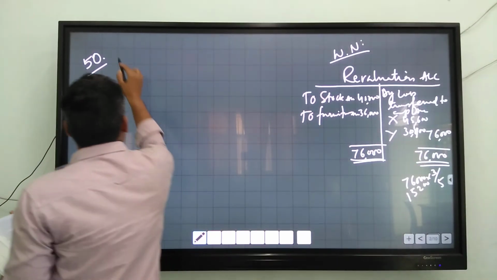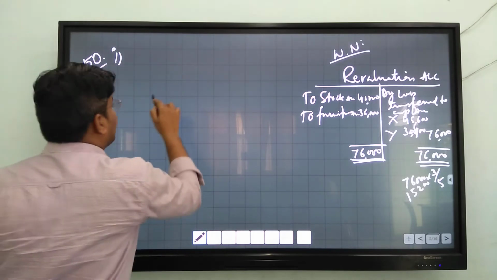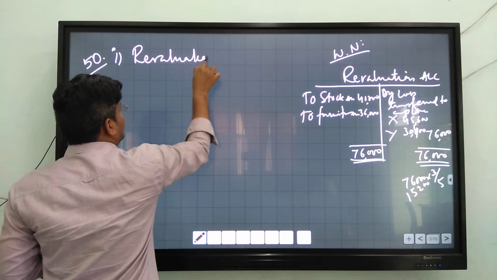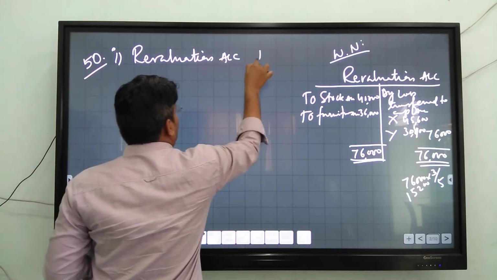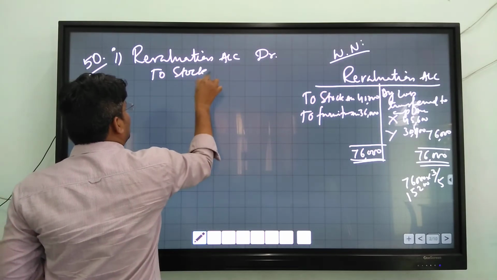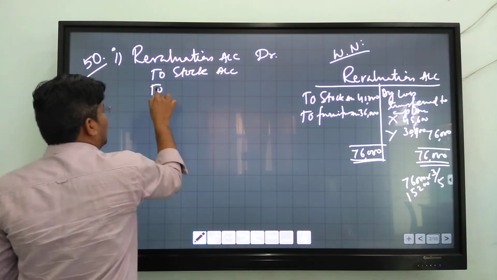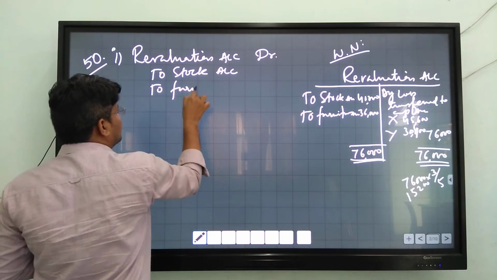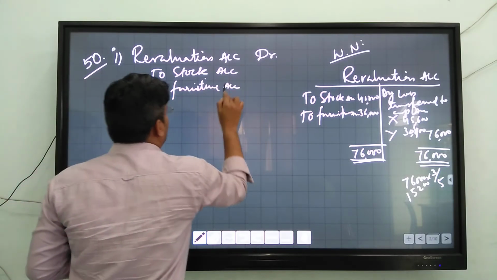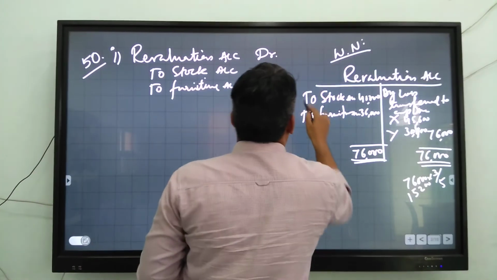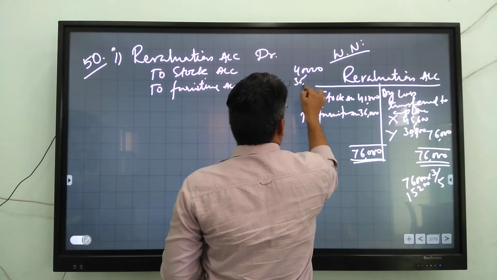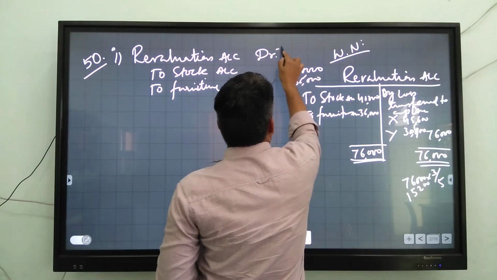Now the first entry is revaluation account debit to stock account and to furniture account. So 40,000 and furniture 36,000, 76,000.